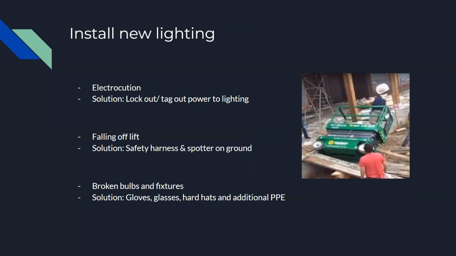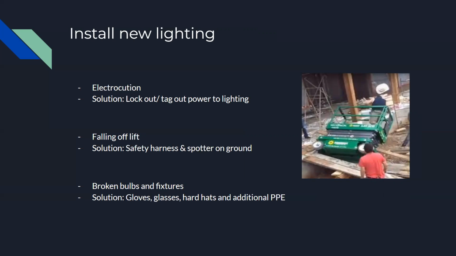As we move on, we will be installing the new lighting in the tile ceilings. As we know, electrocution is a hazard, falling off a lift is a hazard, and broken fixtures and bulbs are a hazard. The lockout tagout will be required of each person who works with electrical systems. We'll be talking about this more in depth as we come closer to the time.